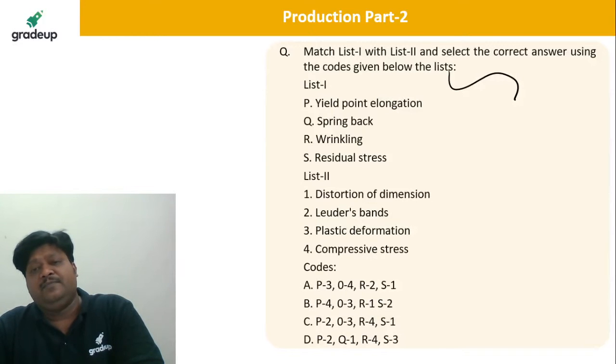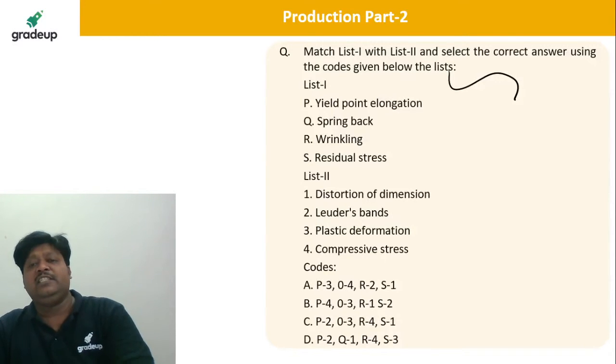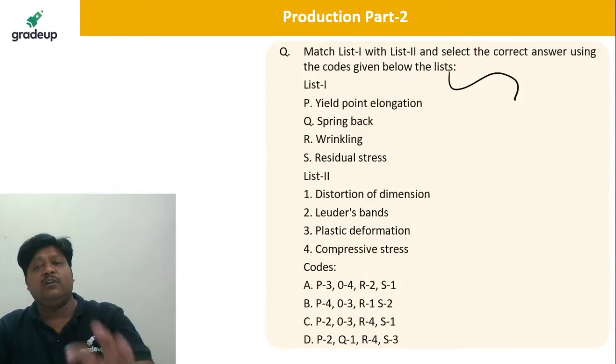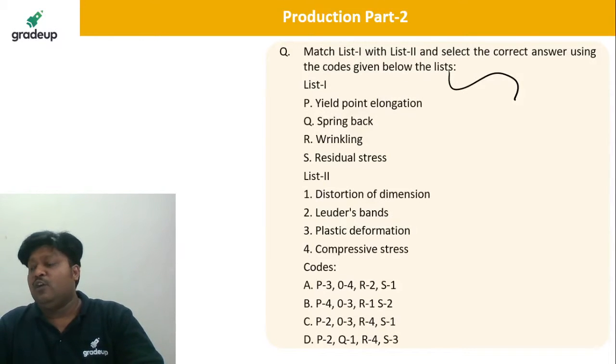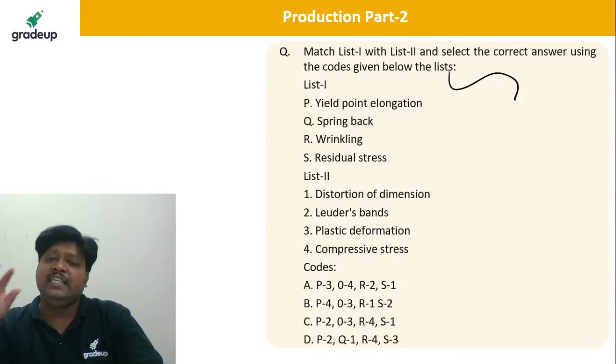And residual stresses are nothing but, whatever working you are doing on the material, some of the energy gets stored inside the material during the deformation. That stored energy is nothing but the residual stresses.